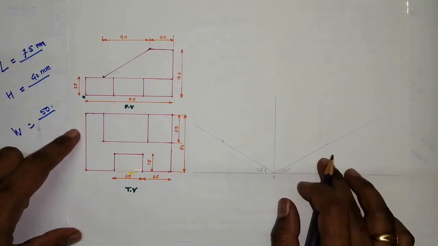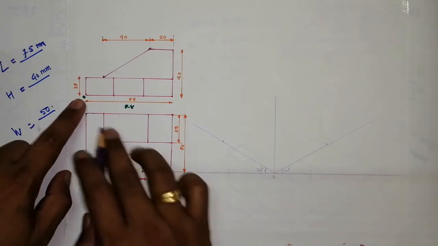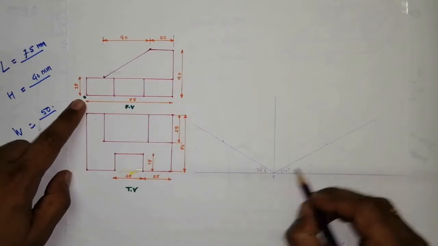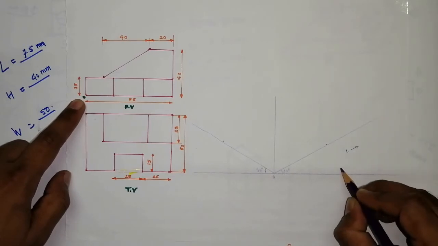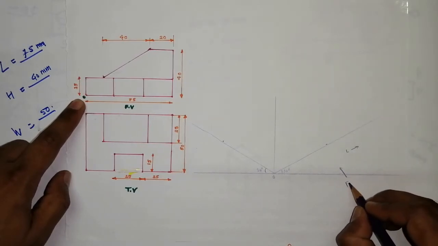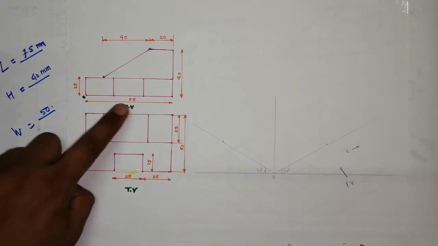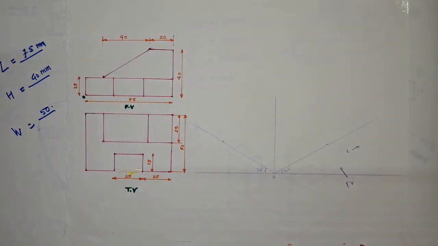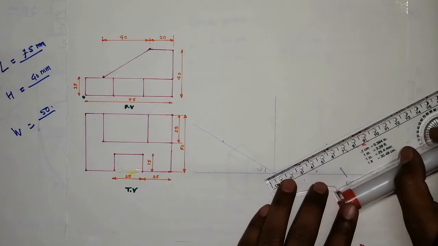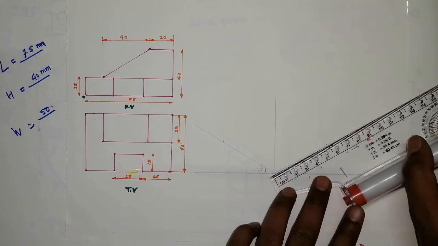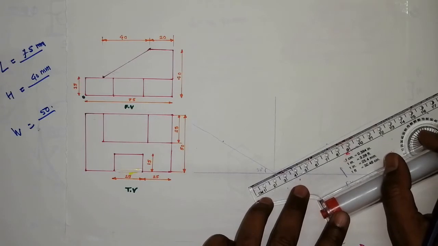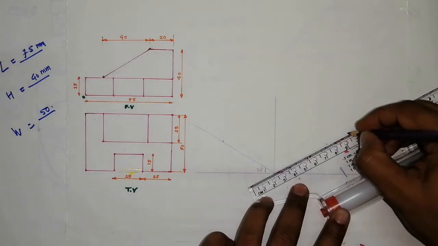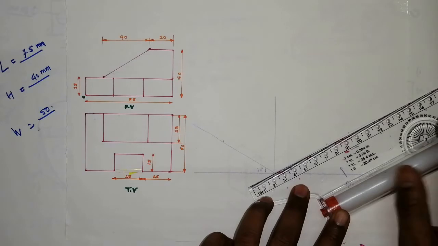Now where to take the length? The origin is given here and the length is measured in the right direction, so we take length in this direction, and the front view is visible from this side. What is the length? It is 75, so we measure 75 here.